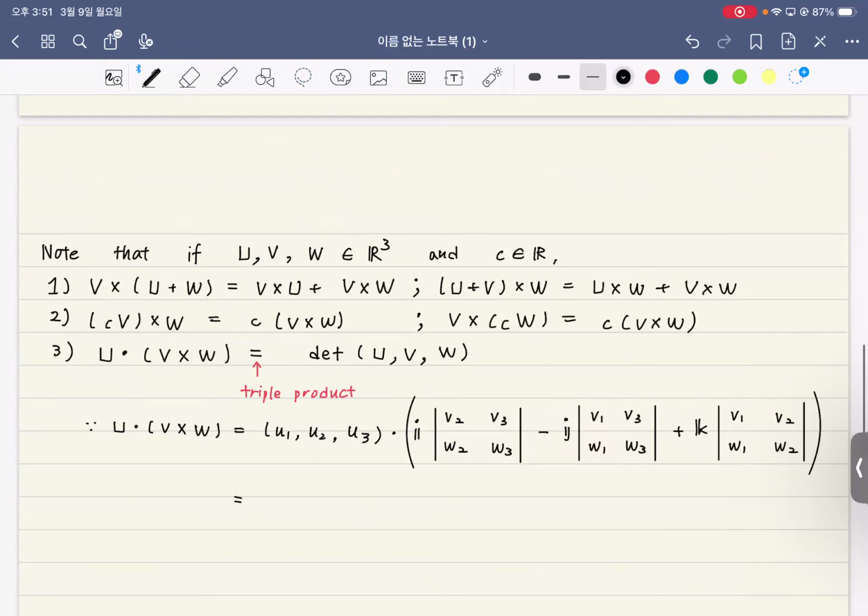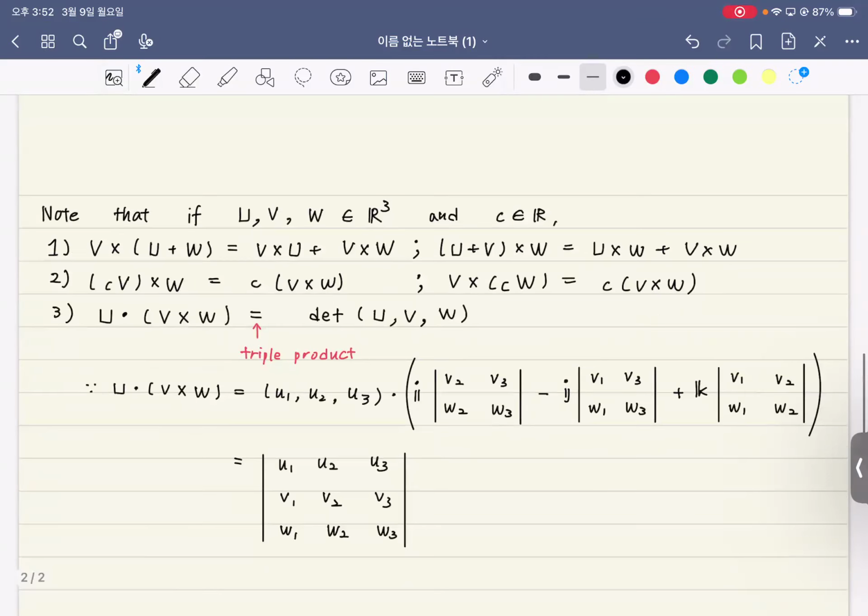If you take a dot product, then you multiply this entry by this, this by that, and this by this. And this is actually u1, u2, u3, v1, v2, v3, and w1, w2, and w3. And this is precisely the determinant of vectors u, v, and w. So this is called the triple product.